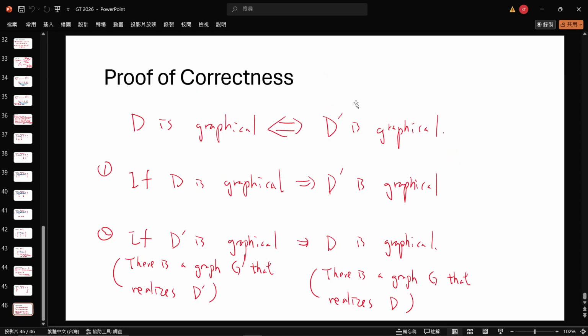If the original one is graphical, then the new modified or simplified one is also graphical.